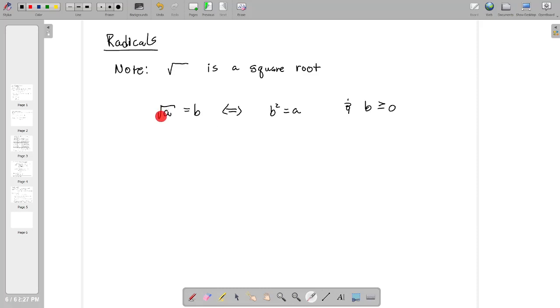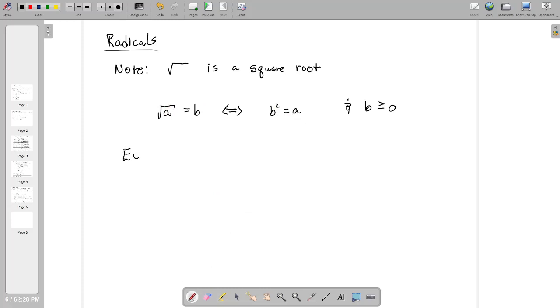So when we say that we're looking for the square root of a number a, we're looking for the number whose square is a. I'm going to repeat that. When we're looking for the square root of a, we're looking for the number whose square is equal to a.